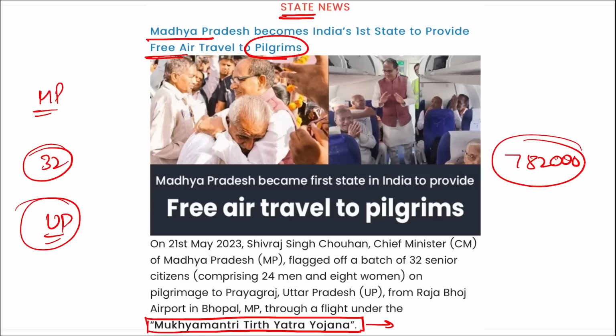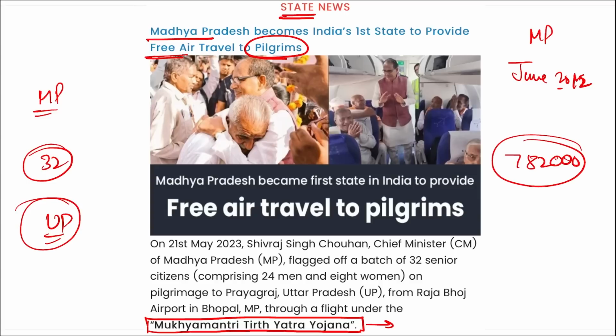Then, if we talk about Mukhyamantri Tirth Darshan Yojana, this was launched by Madhya Pradesh. It was launched in June 2012, right? Under this scheme, senior citizens will be taken on a free spiritual tour across India, and senior citizens of Madhya Pradesh who are 60 years of age and older are eligible to visit different holy places outside Madhya Pradesh under this scheme.